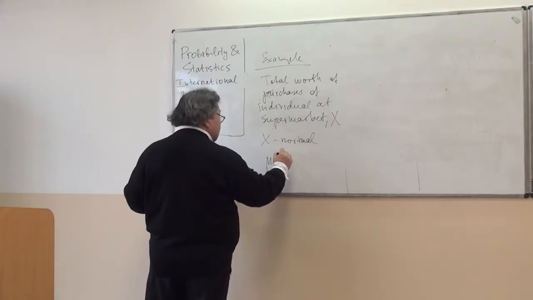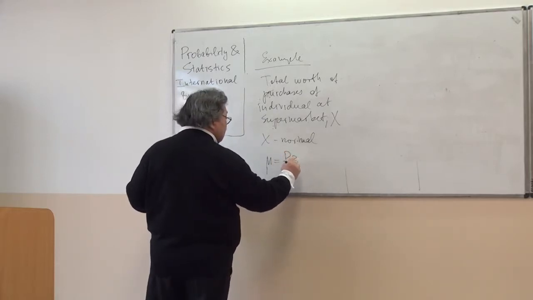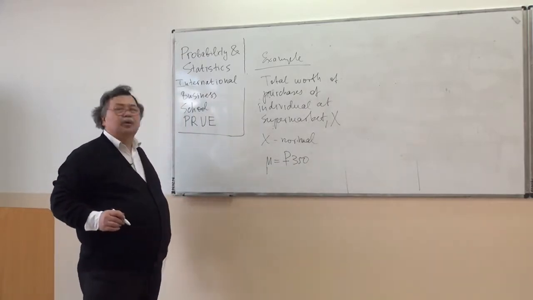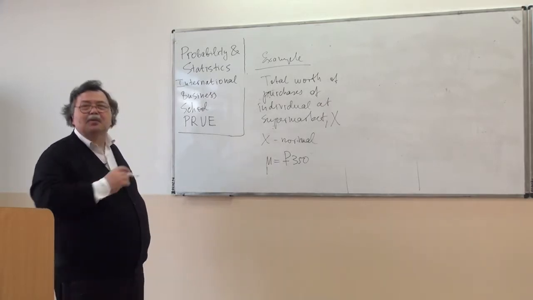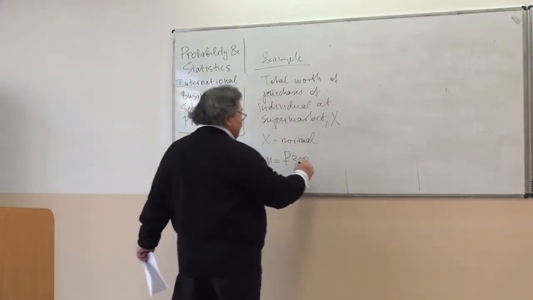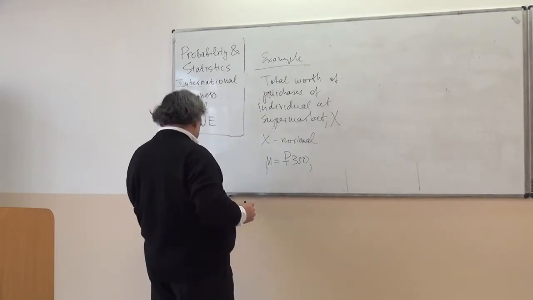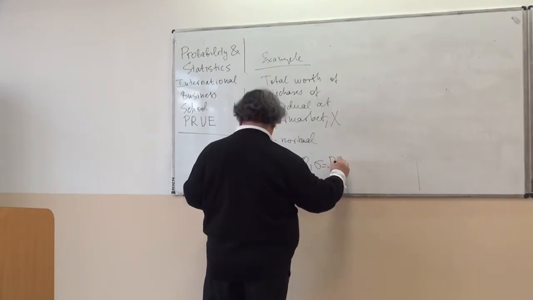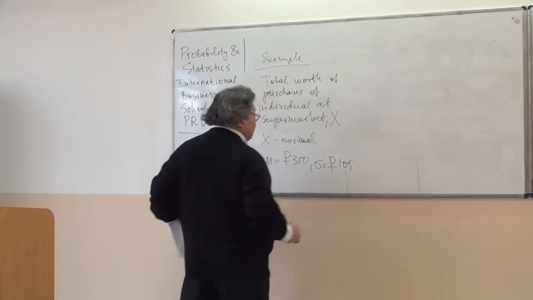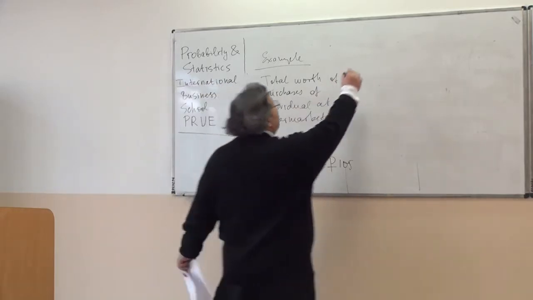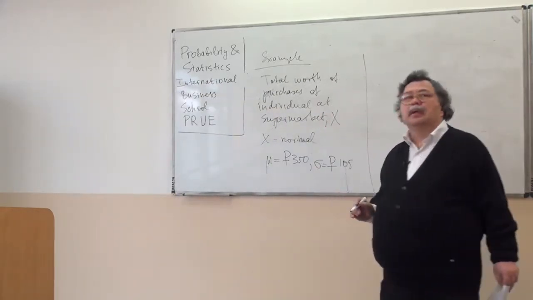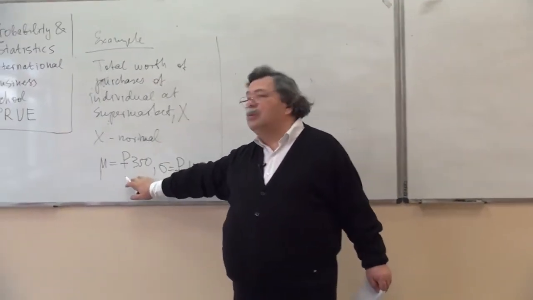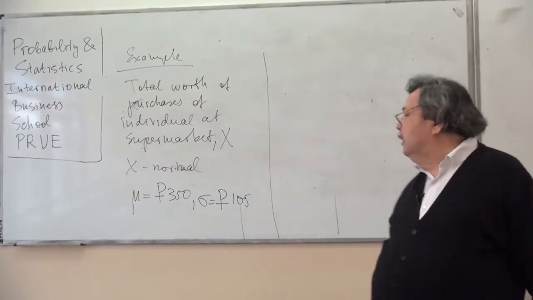Well, I'm not accustomed to this symbol, and I'm not sure you're accustomed either, but this is the ruble, okay? And mu is 350 rubles, and sigma is 105 rubles.